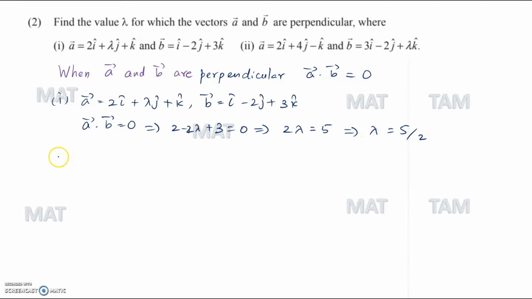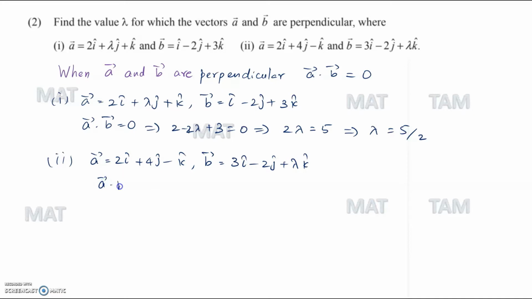Now let's solve the second problem. The second problem, vector A is given as 2 i cap plus 4 j cap minus k cap, and vector B is given as 3 i cap minus 2 j cap plus lambda k cap.